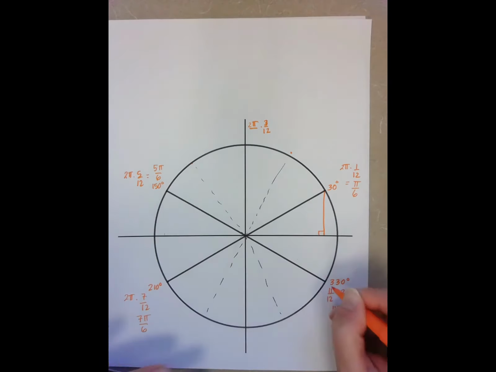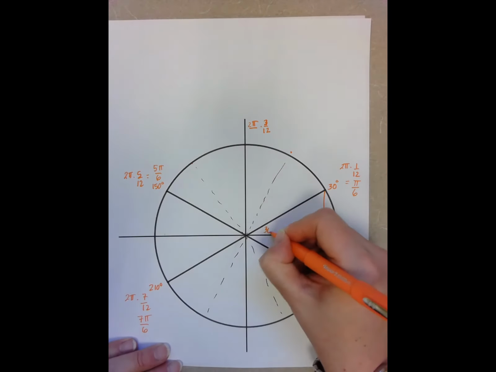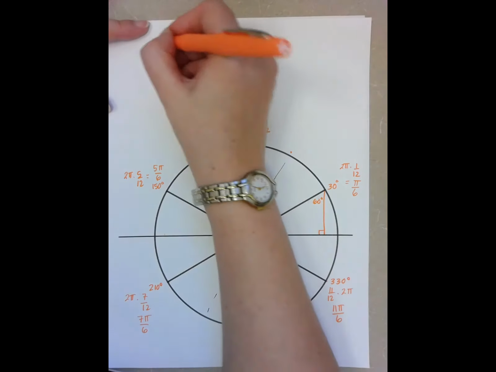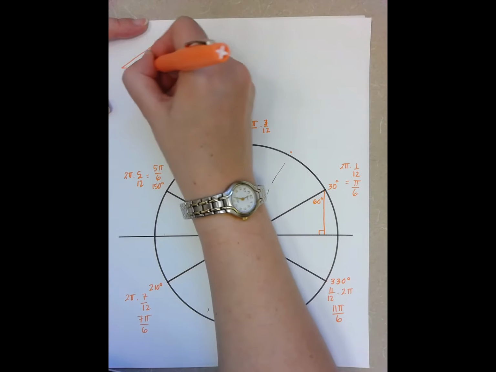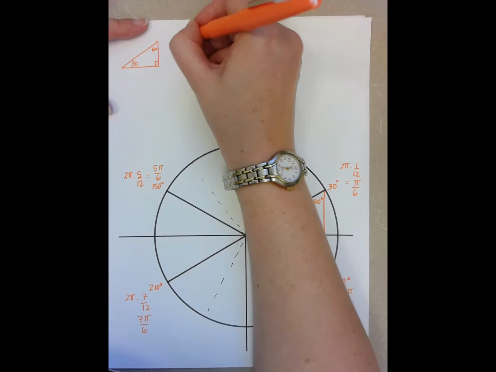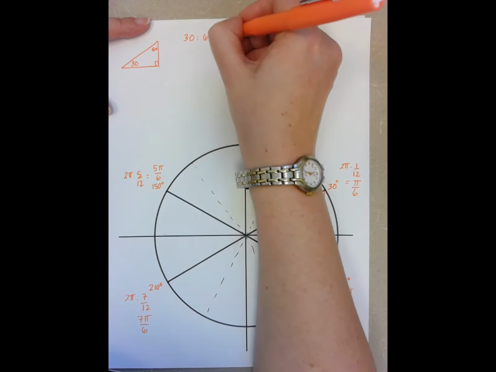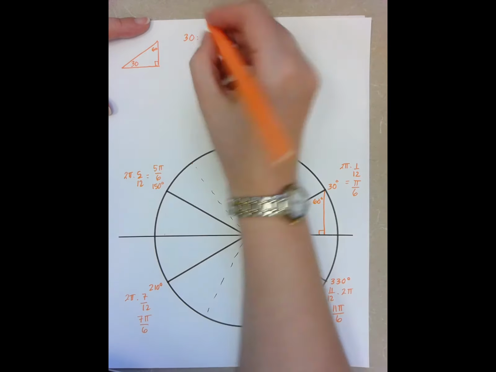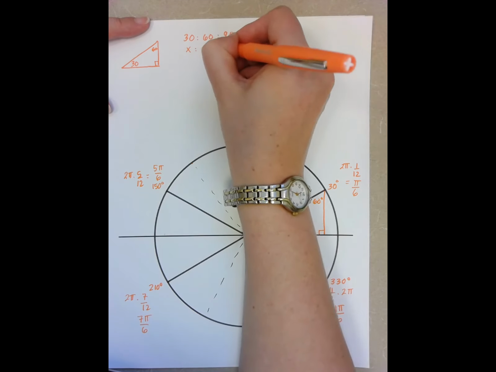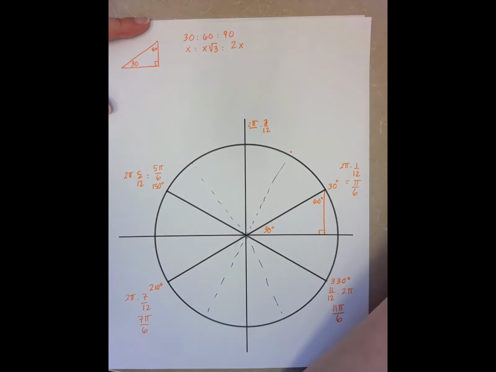So for these points, we have a 30, 60, 90 triangle. So let's look at that up here. We know from previous years that 30, 60, 90 triangles have the pattern of x, x root 3, and 2x. Those are the ratios.